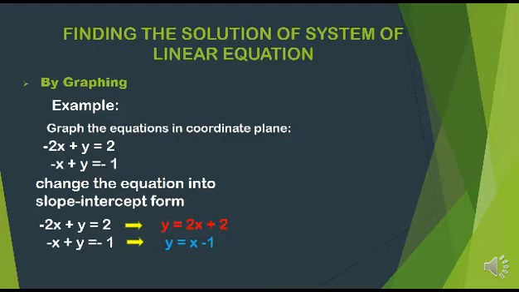To graph this, since you already know how to graph equations using slope-intercept form, in graphing y equals 2x plus 2, you have to plot first the y-intercept, which is 2.